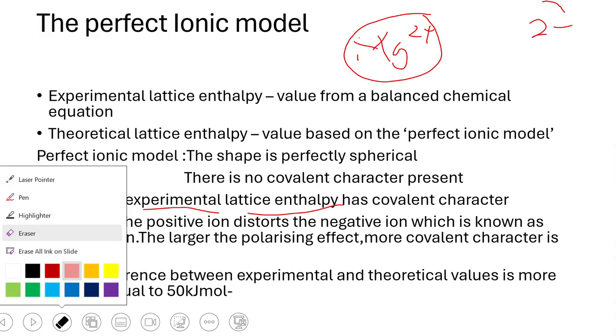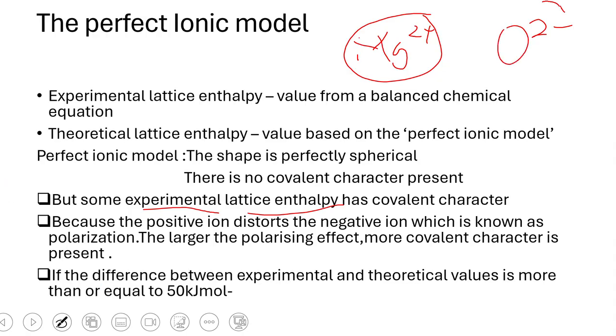The size of the negative ion will change a little bit. It will distort like this. So therefore, this is what we see in the experimental lattice enthalpy. This will introduce some covalent character in it. Therefore, it will no longer be the perfect ionic model.